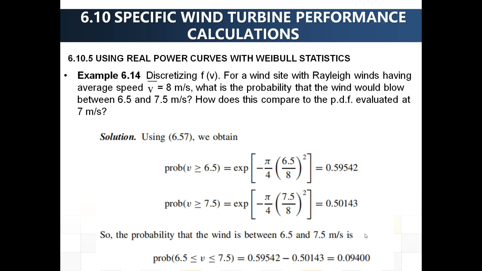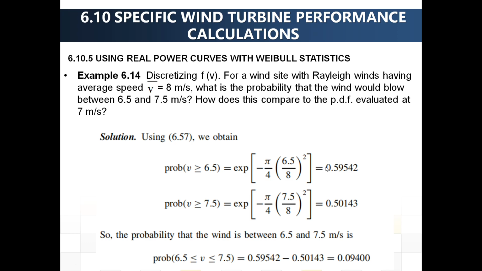If we use equation 6.57, we can obtain the probability that V is above 6.5 is the exponential of minus pi divided by 4 multiplied by 6.5 divided by the average wind speed 8, squared, which equals 0.59542.